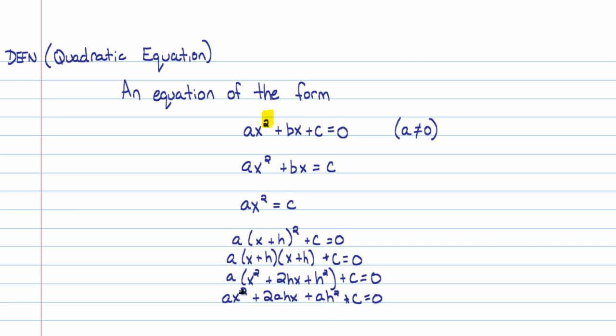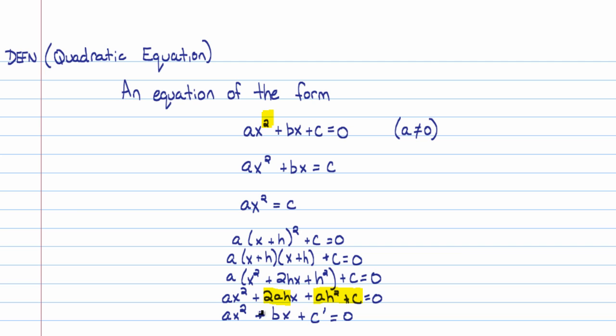In reality, this is just saying, listen, I have a coefficient on x squared. I have some number coefficient, 2ah, on the x term. I'll just go ahead and for now call that b. And then I have some set of constants. Remember, a, h, and c are all constants here, so really that's just some number, and I can call that c prime or anything I want.